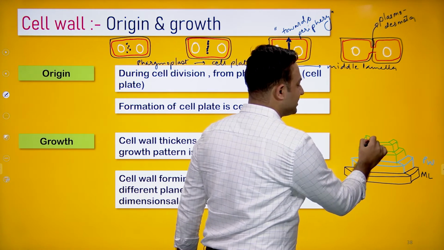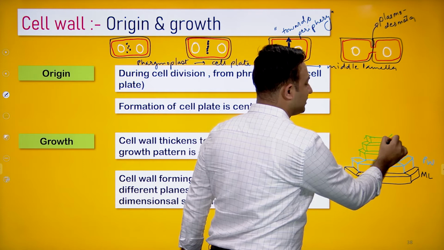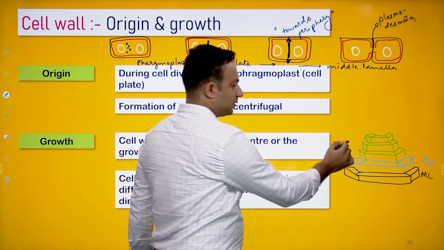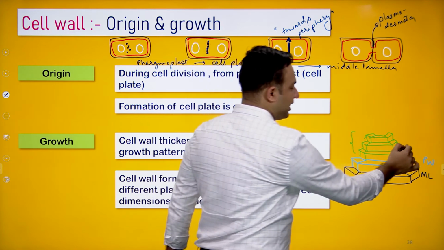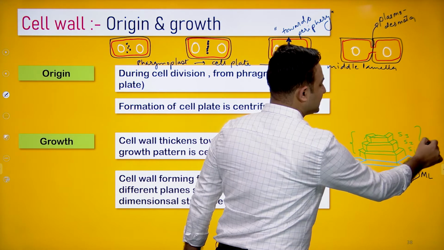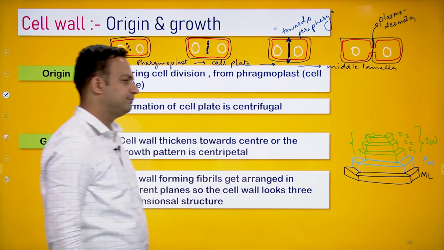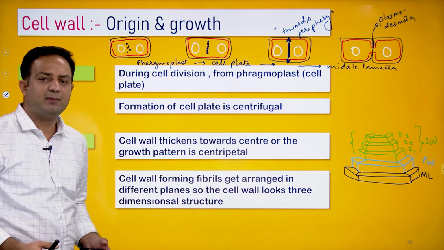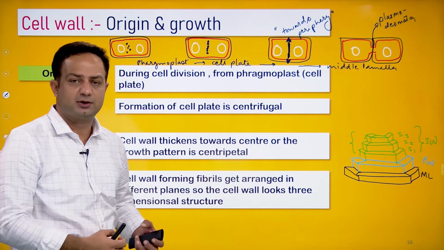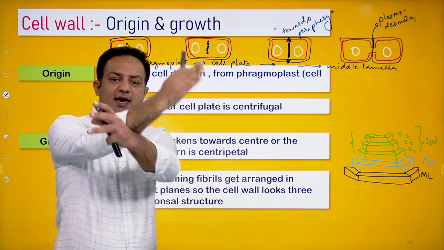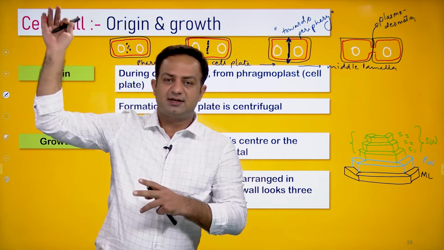See, so many layers are getting formed, and here we are forming a number of layers, right? So how many are these? Three. I will write them as S1, S2, S3, together forming the secondary wall. The appearance is 3-dimensional because the fibrils are arranged in different planes, zigzag, this side, this side, that side.